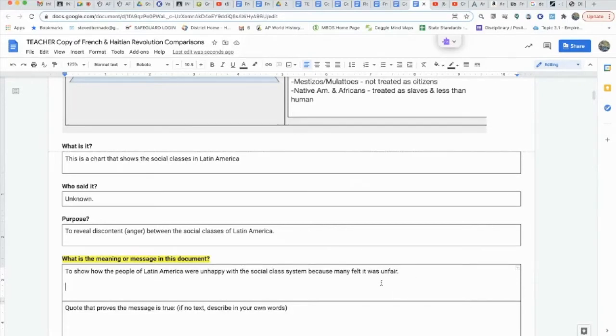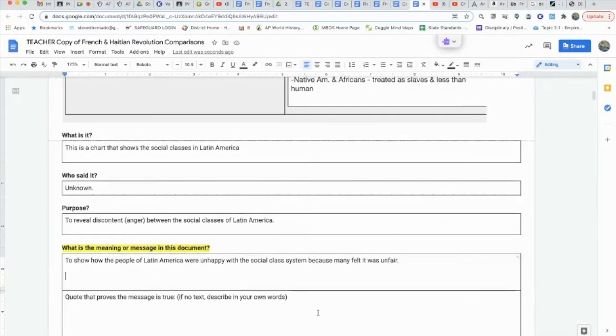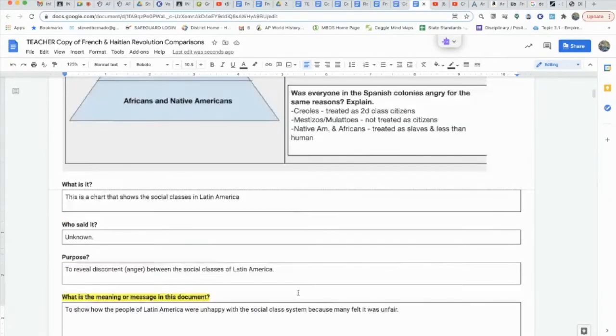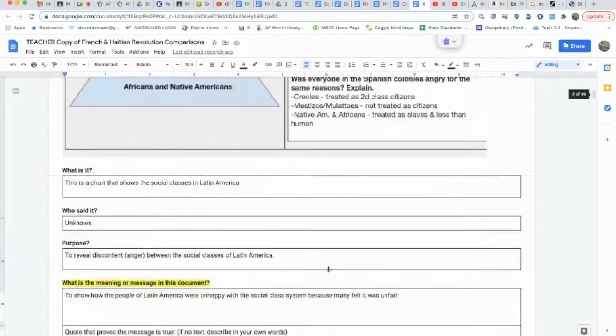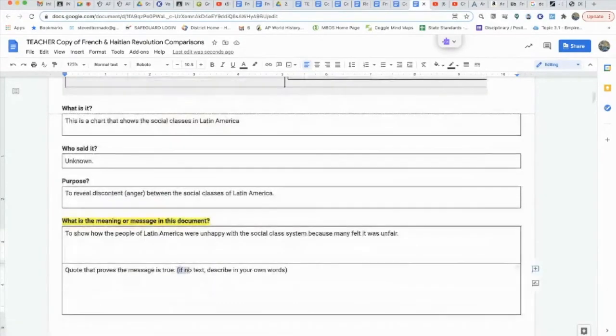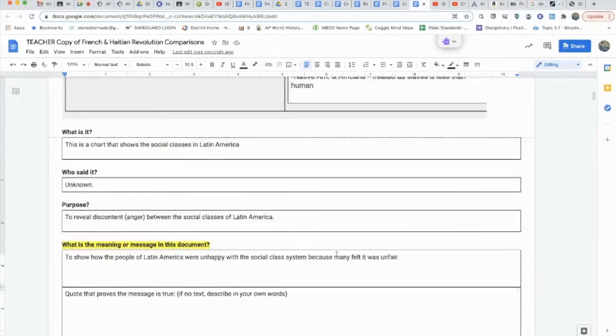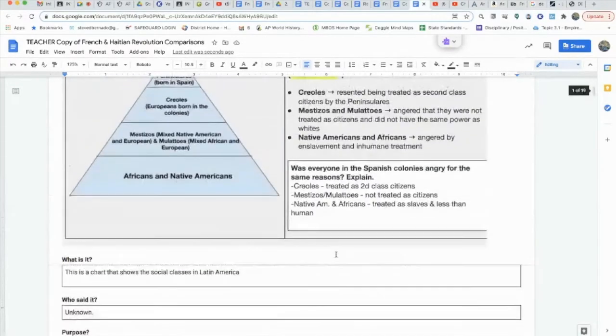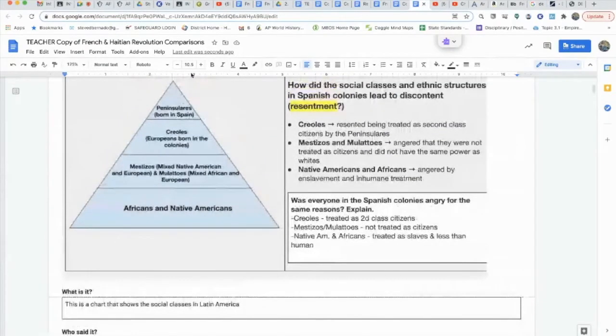All right. Now, what is the quote that proves the message is true? Well, there's no quote here. It's not primary. So look what it says. If no text, describe in your own words. So what proves that people were unhappy? Well, this is a triangle that moves up, right?